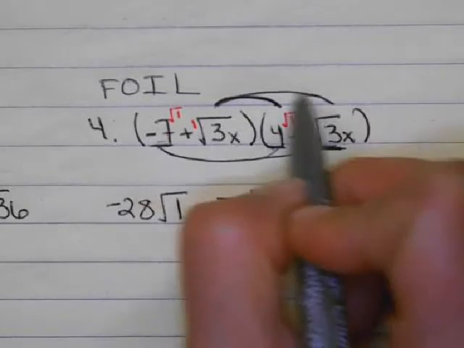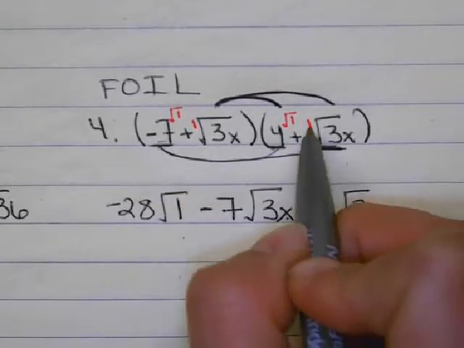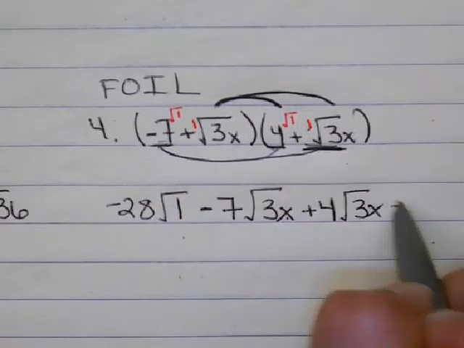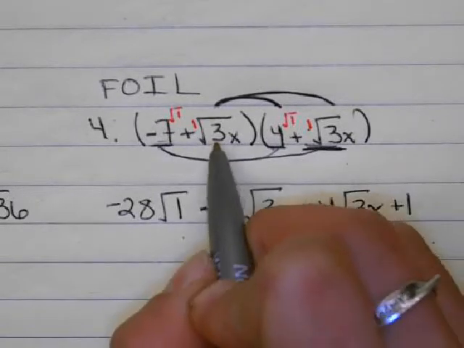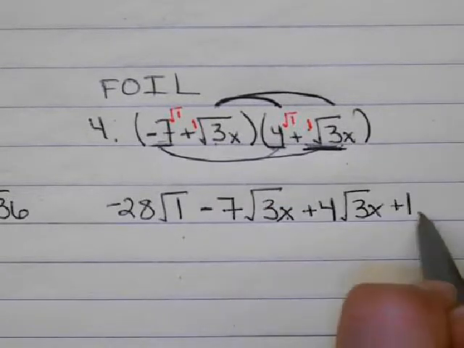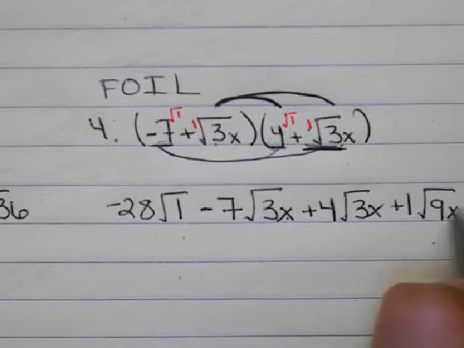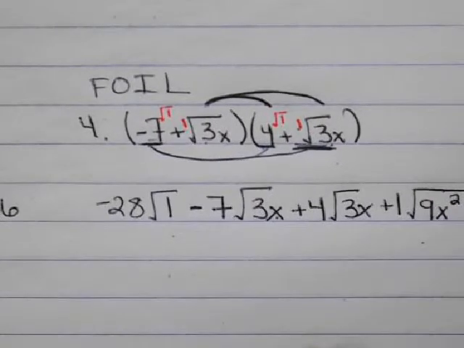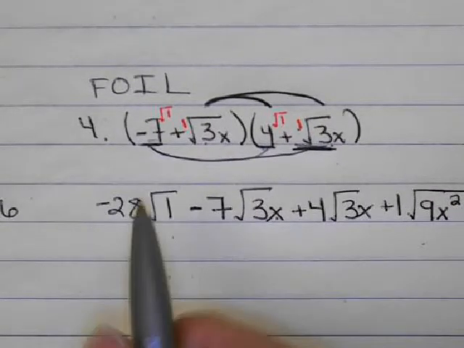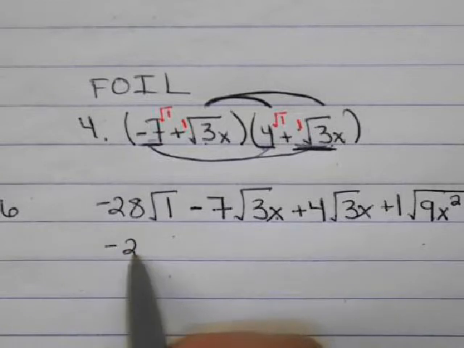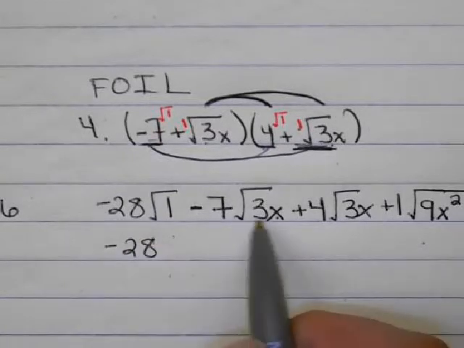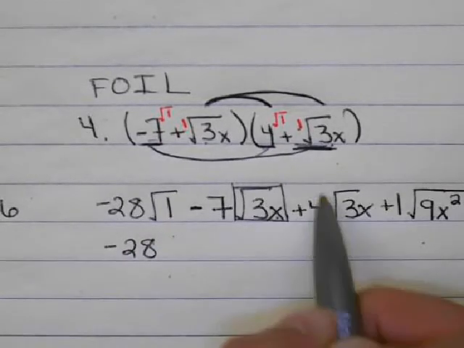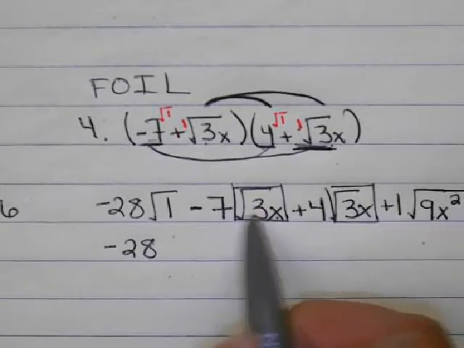And then our last term here, coefficient with coefficient is 1 times 1. And then radical 3x times radical 3x is radical 9x squared. Now I just have to simplify. This just stays a negative 28. These have like radicals, so I can combine those.